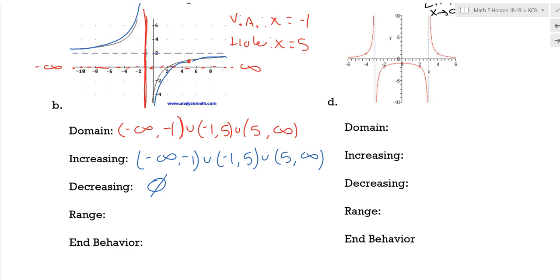For our range, we have to look for our horizontal asymptote. Okay, our horizontal line is right here at y equals 2.